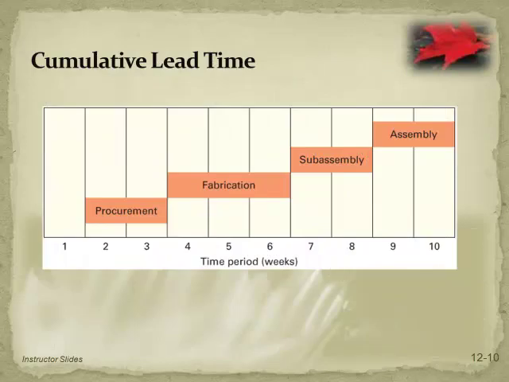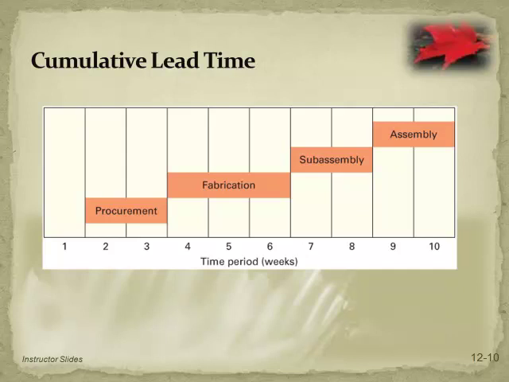So here's another look at the cumulative product lead time graphically. Again, if I had no inventories whatsoever of anything, we see we have a block on this slide called procurement. That would be how long it would take me to procure those materials from some supplier. And then after I had procured them, there could be some fabrication that I have to do.